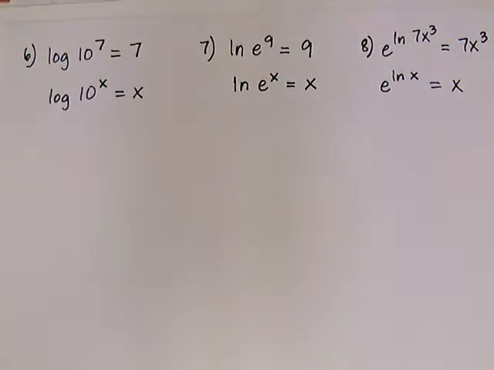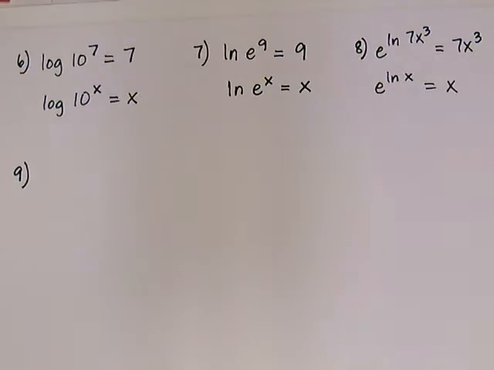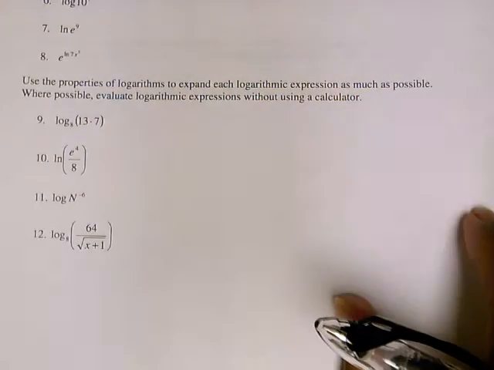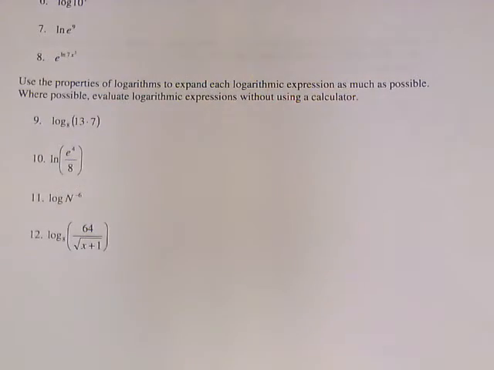Alright, problem number 9. This is where we use the properties of logarithms to expand each logarithmic expression as much as possible, and wherever possible, evaluate logarithmic expressions without using a calculator.